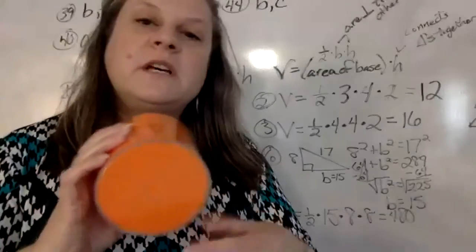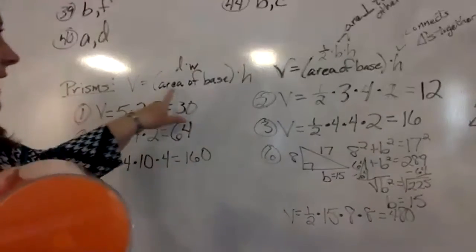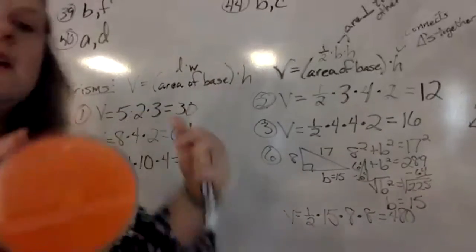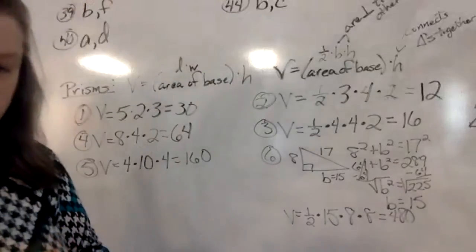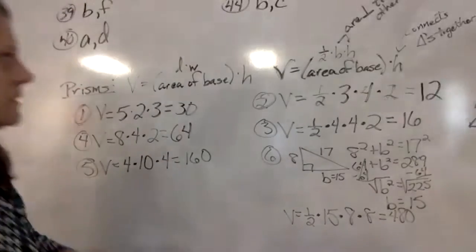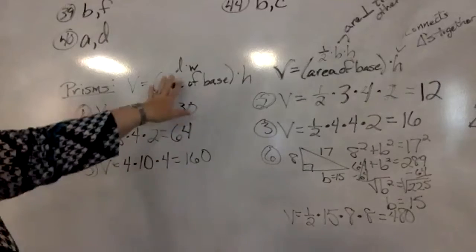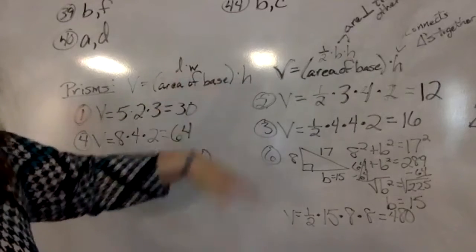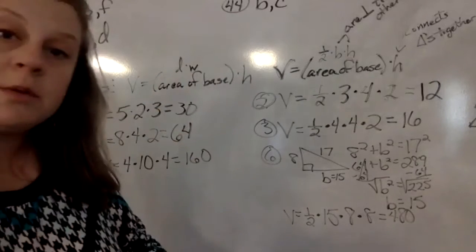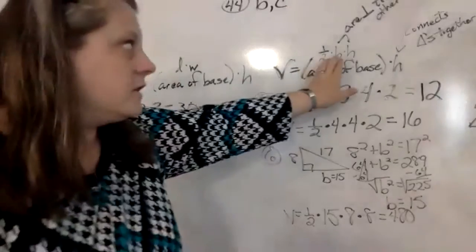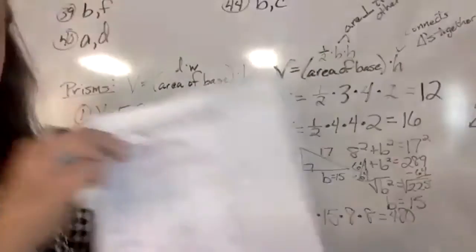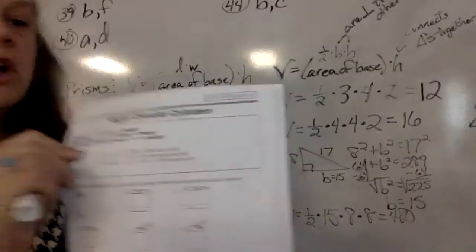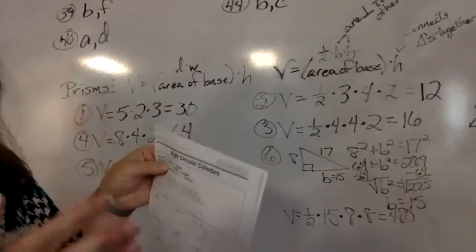So we're still doing our volume is the area of the base times the height, but our base is a circle, so we have to use the formula for the area of a circle. When it was a rectangular prism, we did the area of a rectangle times the height. When it was a triangular prism, we did the area of the triangle times the height. So if it's a cylinder, you're going to do the area of a circle times the height.